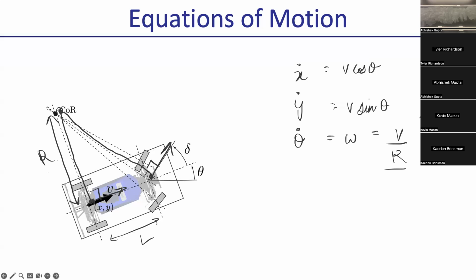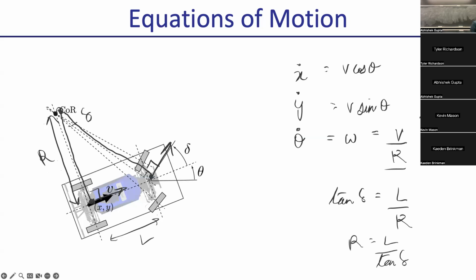This is 90, this is 90 minus delta, that is delta. So the first thing we know is that the angle up there is delta. And now we're going to use the definition of tangent. Tangent delta is equal to L over R, and so R is just going to be L over tangent delta.